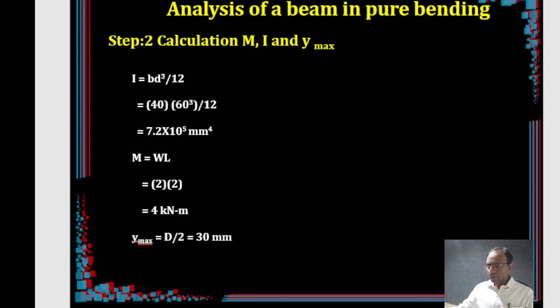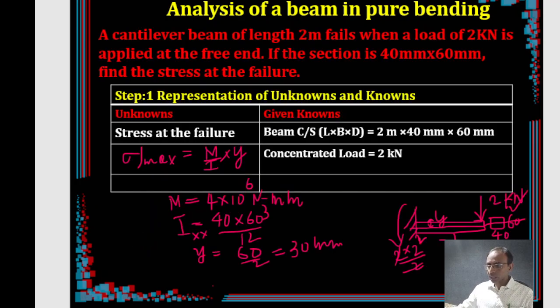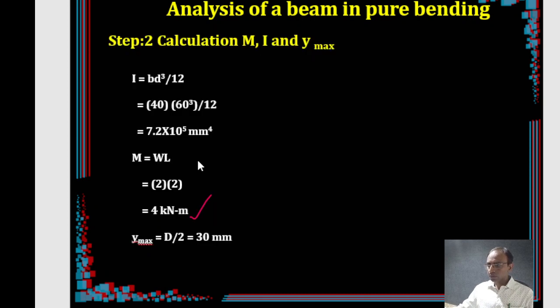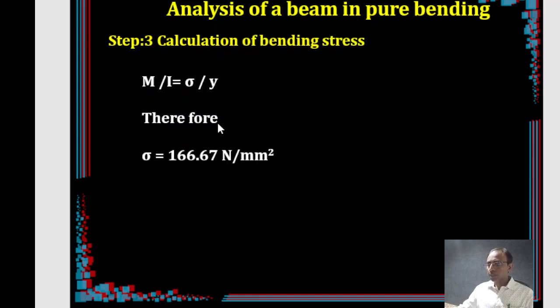Look at that. Your moment is 4 kilonewton meter, which can be converted into 4 times 10 to the power 6 as we have written earlier. If you work this out, I will be around 7.2 times 10 to the power 5 mm to the power 4, and you have the y max value. So all three are ready, just put them in the formula straight away.